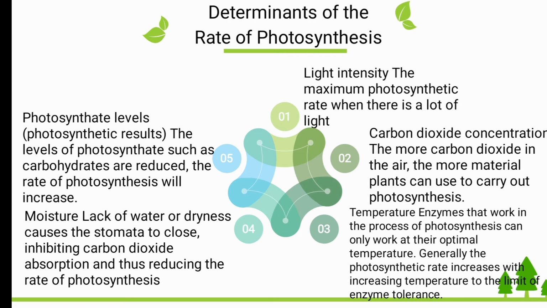Lack of water or drought causes the stomata to close, inhibiting carbon dioxide absorption and thus reducing the rate of photosynthesis. And the last, photosynthesis level or photosynthesis result. If the products of photosynthesis are reduced, the rate of photosynthesis will increase.